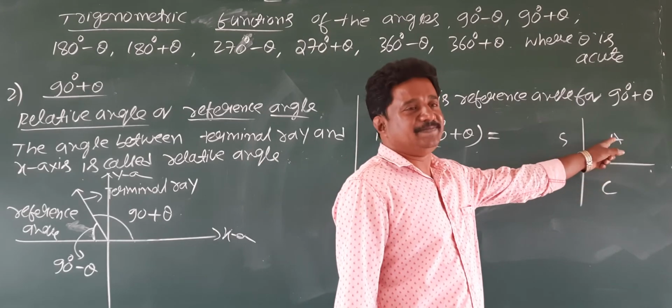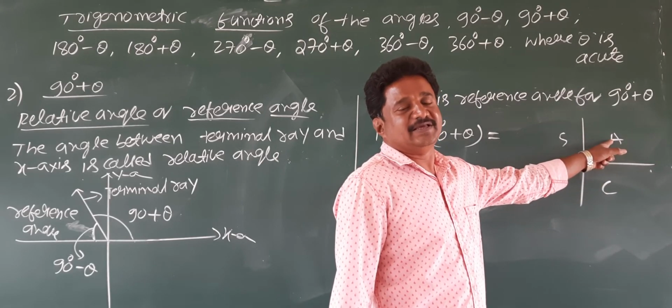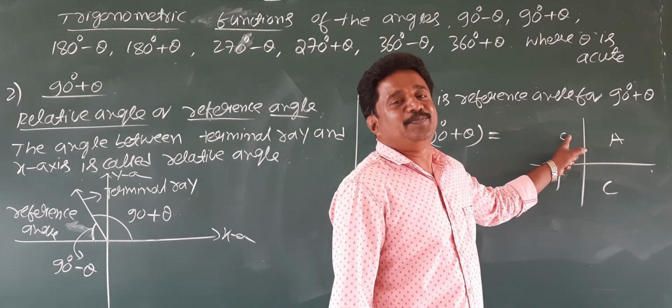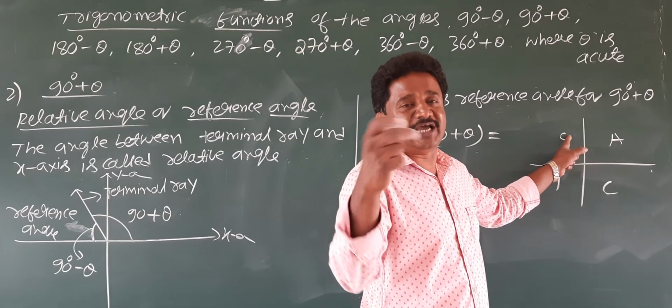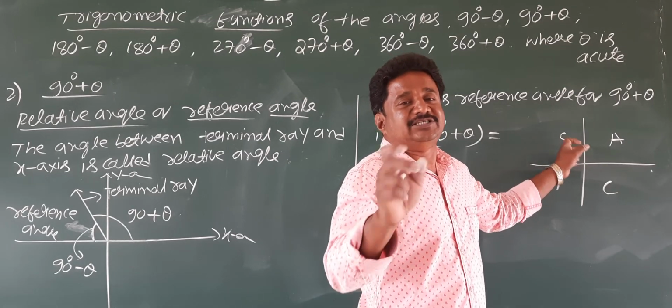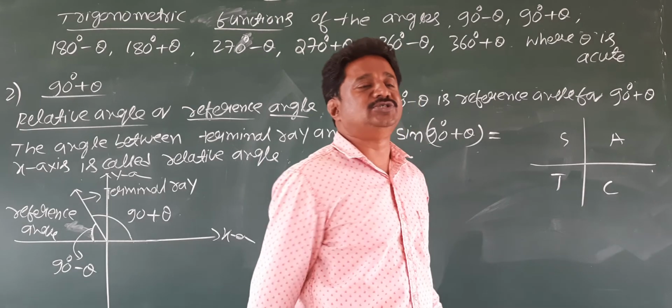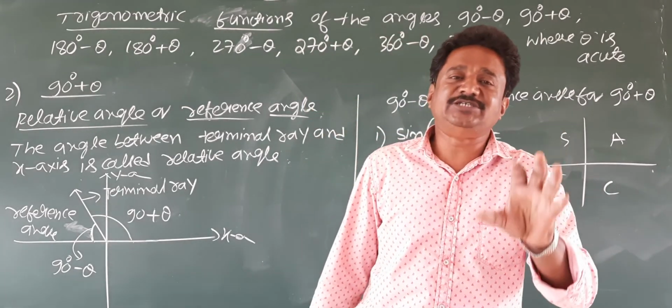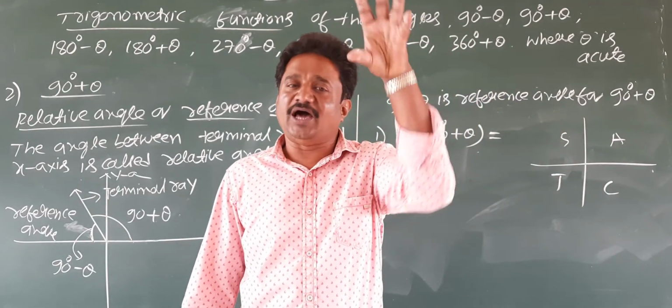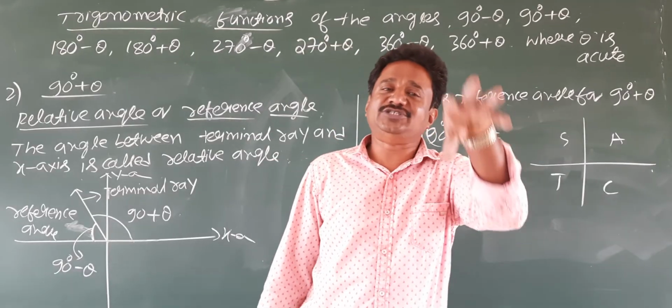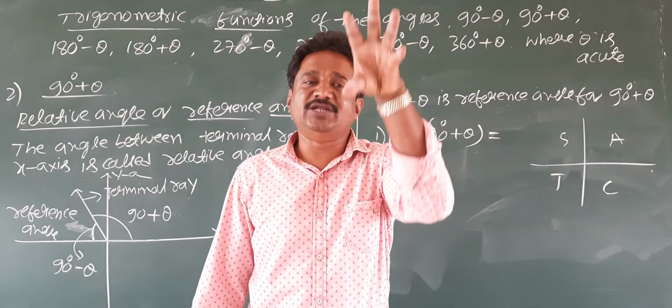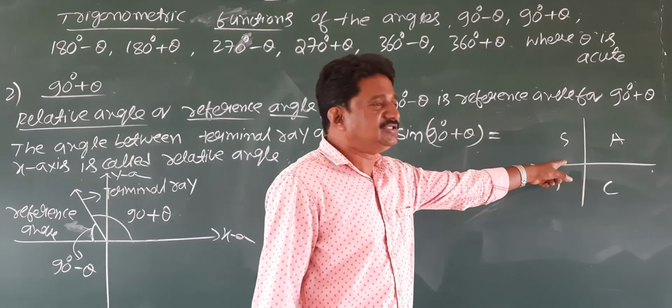After school to the college. A means all are positive. S means sine is positive; if sine is positive, its reciprocal cosec is also positive. If a function is positive, its reciprocal is also positive. If a function is negative, its reciprocal is also negative. You remember this simple logic.